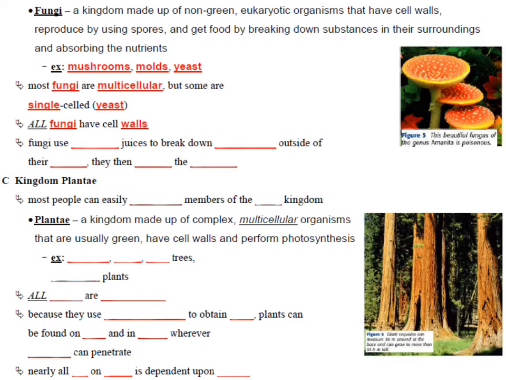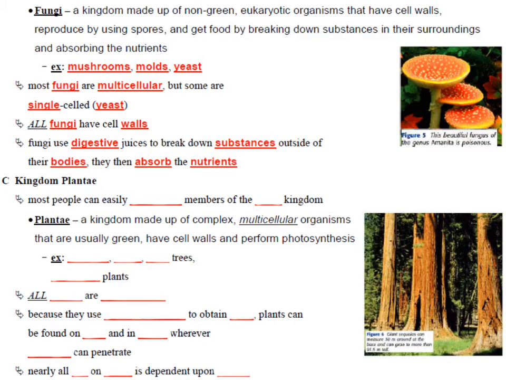So fungi, the way they work is they use digestive juices to break down substances outside of their bodies, and then they absorb the nutrients up into their body. So think of another well-known fungi.